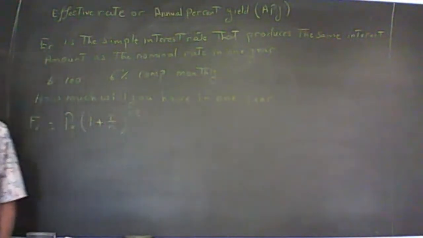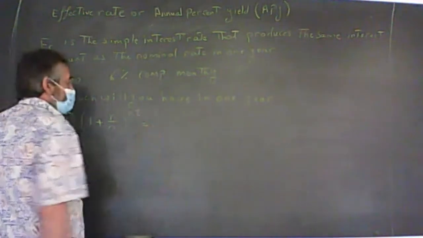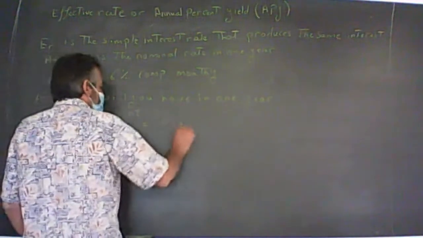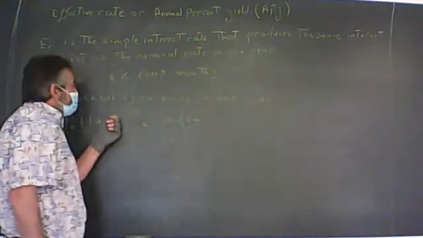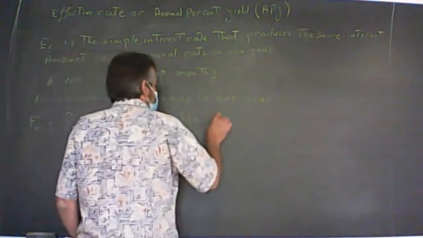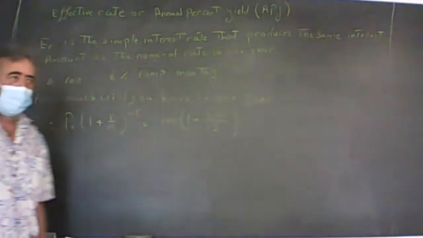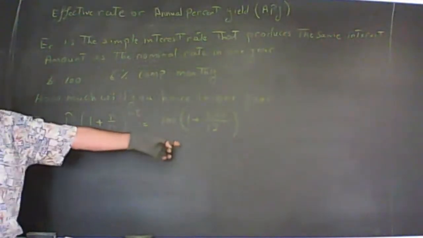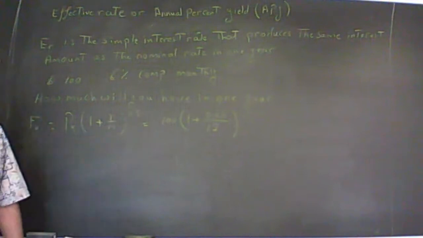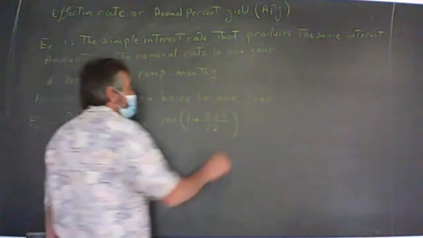So let's substitute those numbers. Present value is $100 times 1 plus 0.06 divided by 12. n is 12 because it's monthly. nt is 12 times the number of years, but since it's only 1 year, that will be 12.